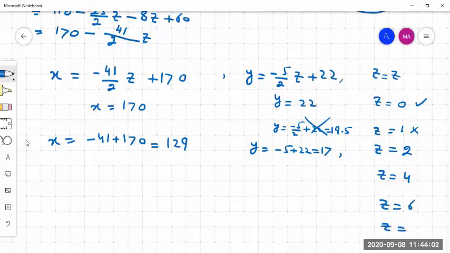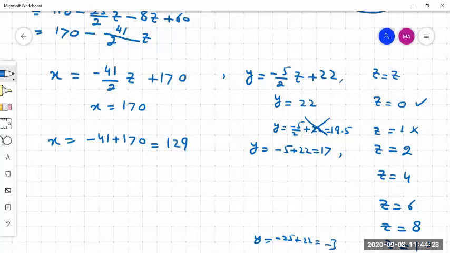Similarly, you go with 4, then 6, then 8, then 10, and check. For example, if z is 10, what would y be? Y would be negative 5 times 10, negative 50 by 2, so negative 25 plus 22, negative 3.